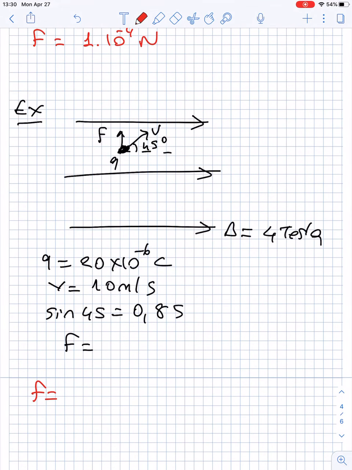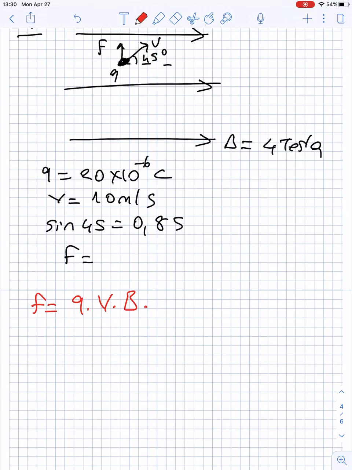F is equal to our formula Q multiplied by V multiplied by B, but in this question the charge is moving at an angle of 45, so I have to write sine 45 also.